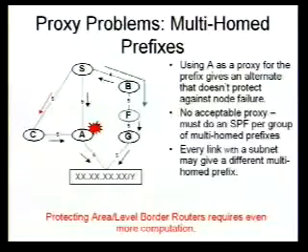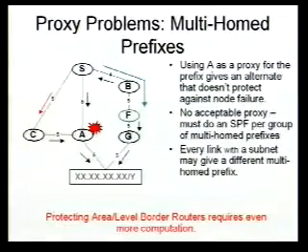Okay. And there are some issues with proxies. The primary one is not uncommon. It's, how do you handle multi-homed prefixes? Basically, if your primary neighbor is announcing a prefix, in this case, A is announcing the prefix, and S wants to have an alternate that protects against the failure of A, well, you can't use A as the proxy.